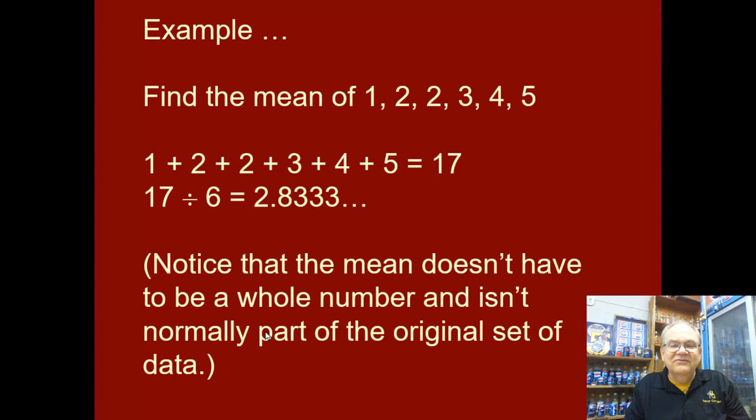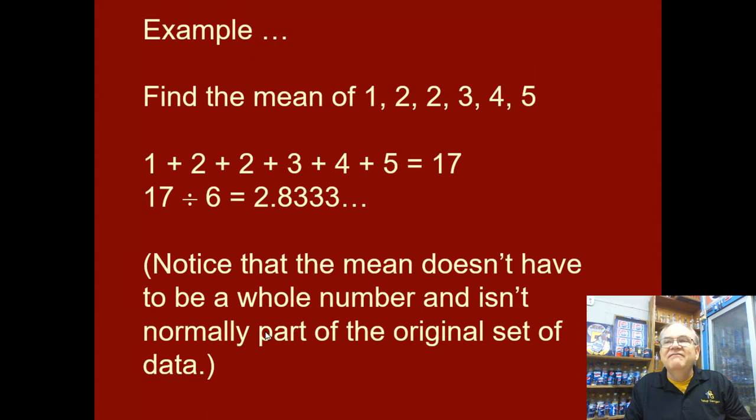So that's exactly what you do if you want to find the mean. If I had this particular example where I'm trying to figure out the mean of 1, 2, 2, 3, 4, 5. Now notice that's actually a little bit different than the numbers I put in the calculator earlier. The 2 is what repeats instead of the 4. What I'm going to do is add all of those up and then divide by 6 because there are 6 numbers, and the mean is going to end up being 2.83 repeating.